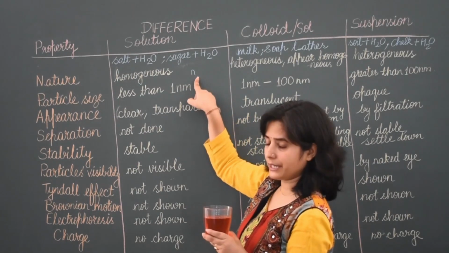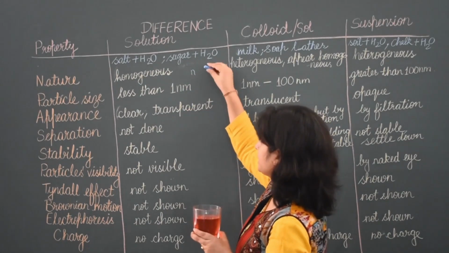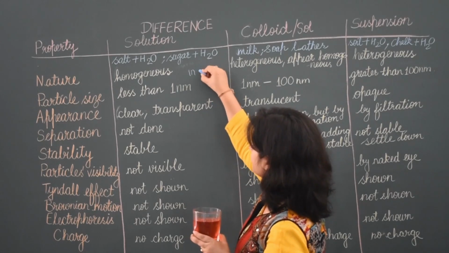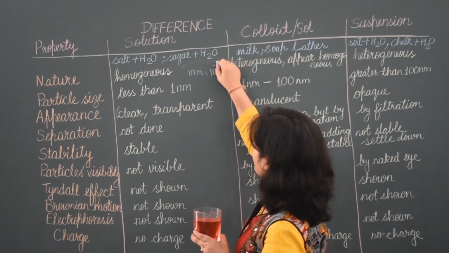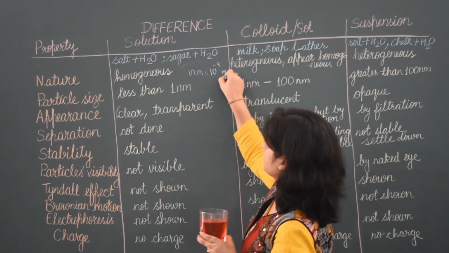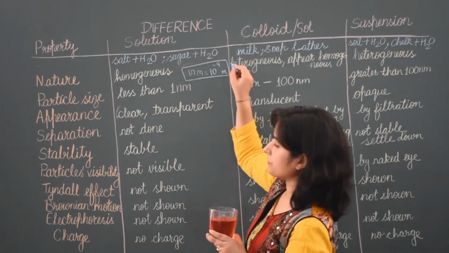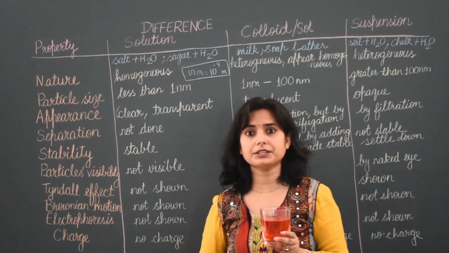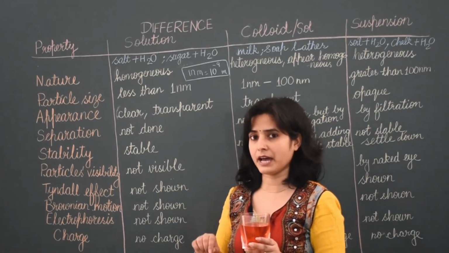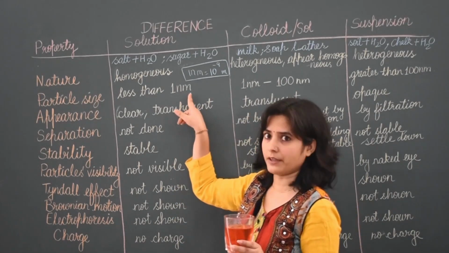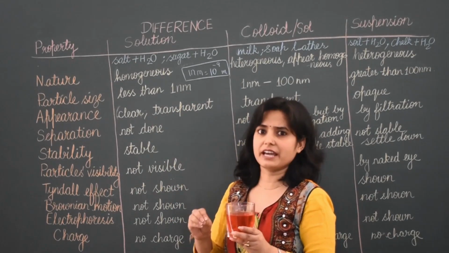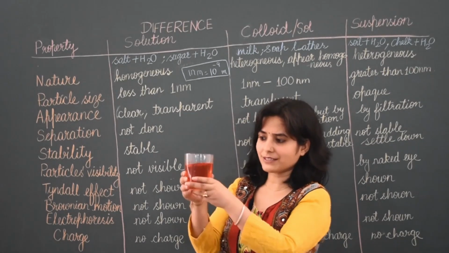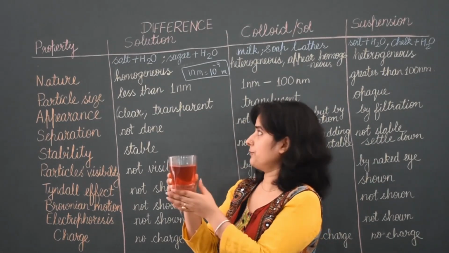N for nano, N-A-N-O, and M for meter. 1 nanometer is equal to 10 raised to power minus 9 meter. That means if we divide 1 meter by 10 raised to power 9, it will become 1 nanometer. So you can imagine that it is very much less than a meter. So the particle size is very small.